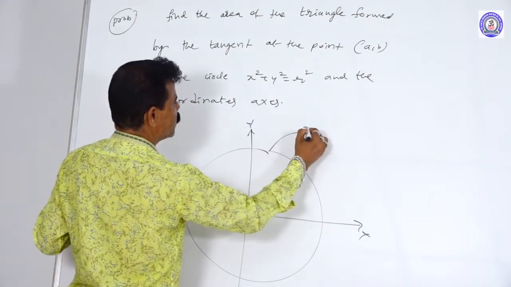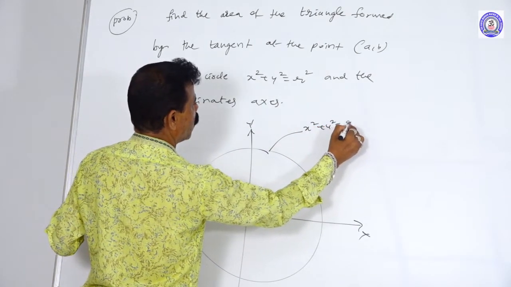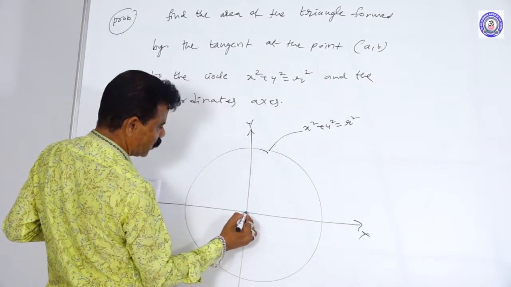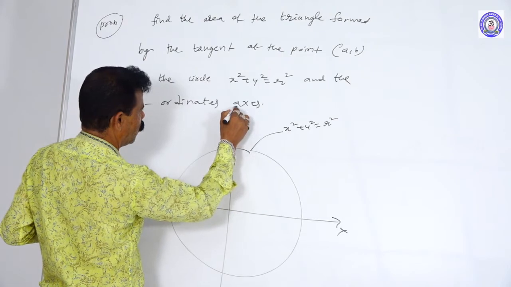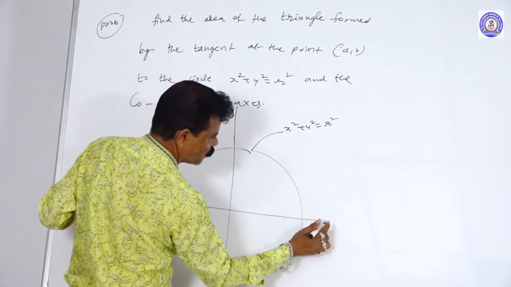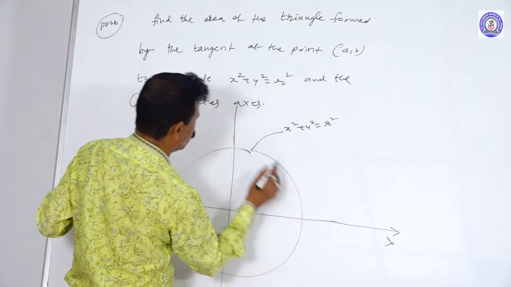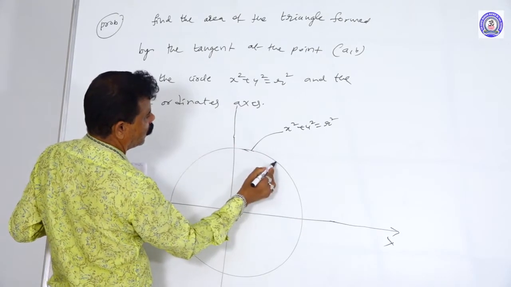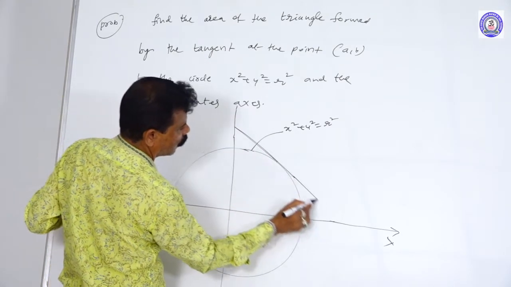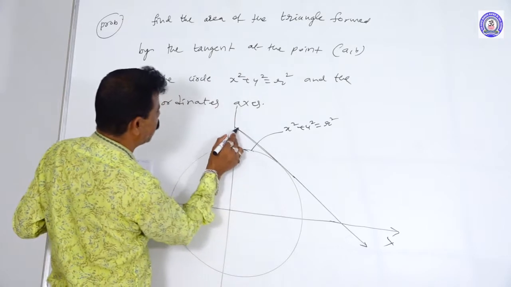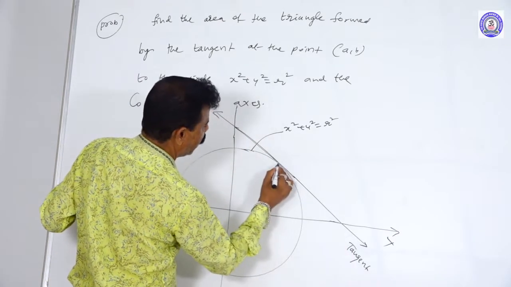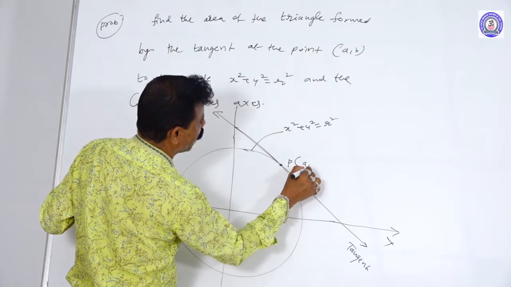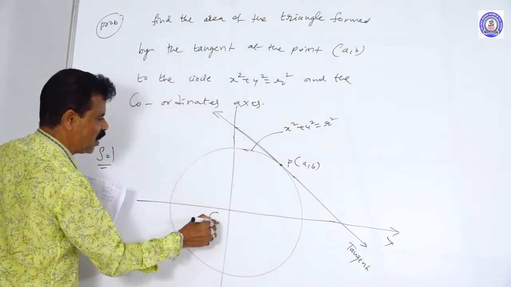This is the y-axis. This is the circle x square plus y square is equal to r square. This is the tangent line at P, the point A comma B. This is the center.